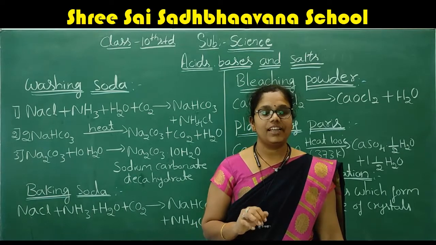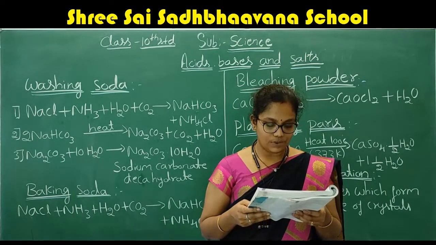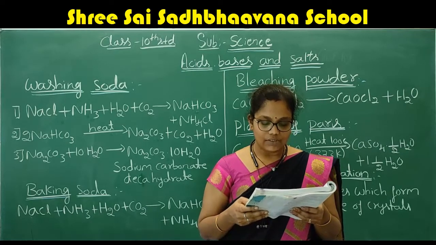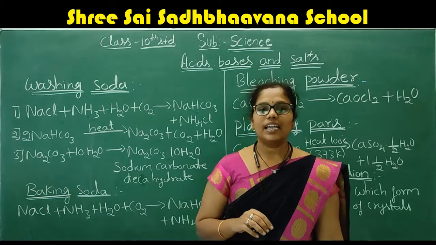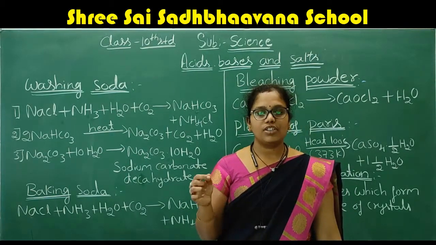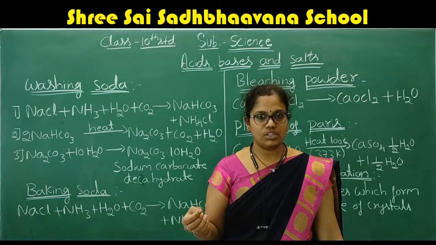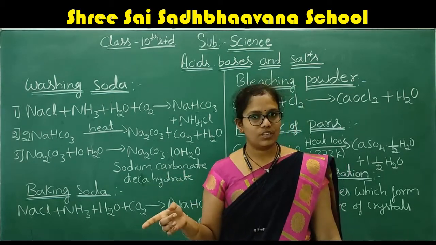Third point, the solution of washing soda in water is alkaline, which turns red litmus to blue. This property I showed in the video, right? If you put red litmus paper into the washing soda solution, it turns blue.